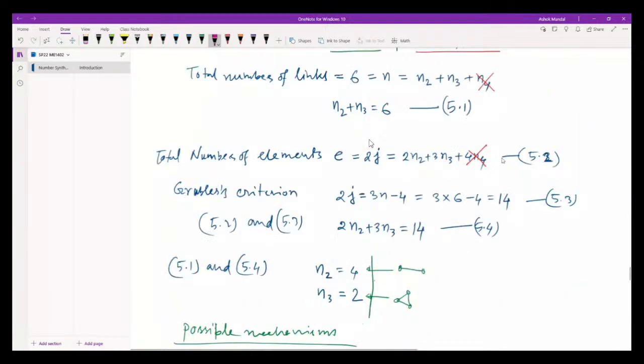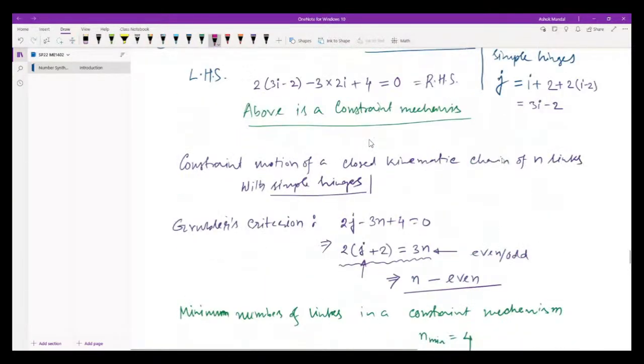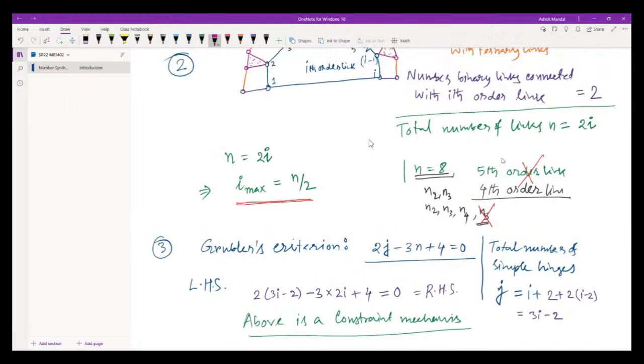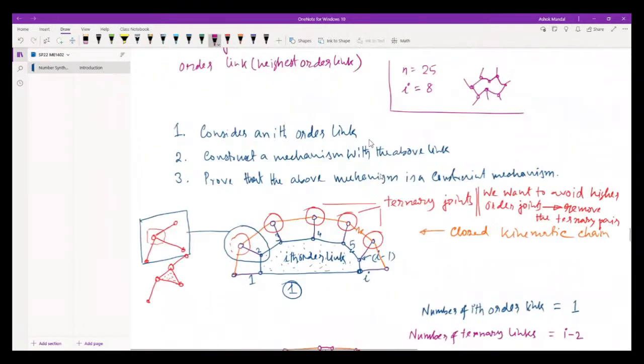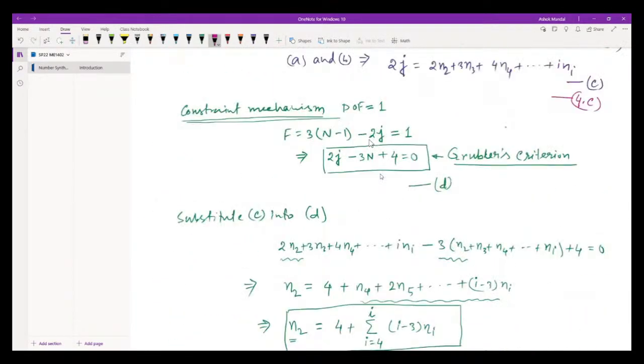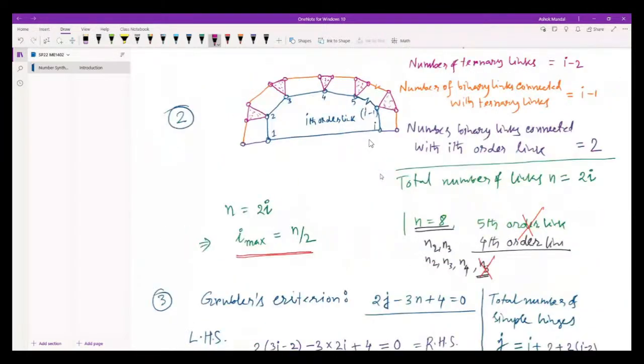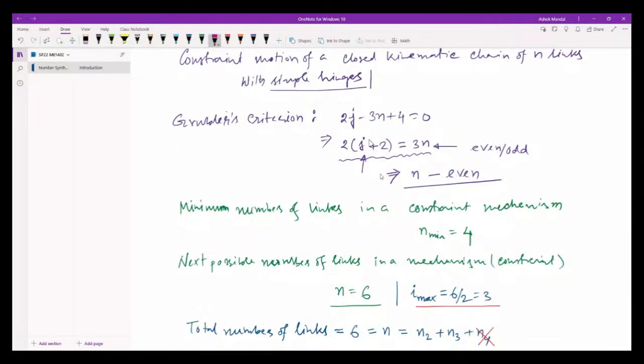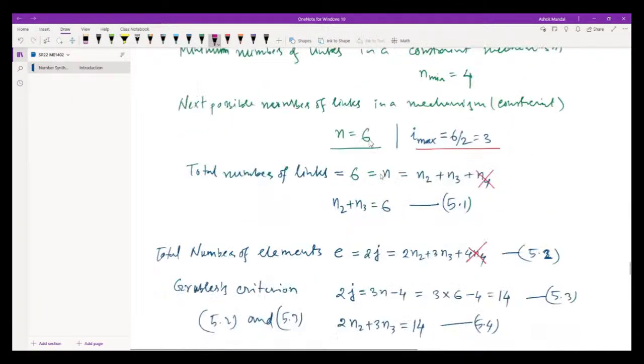Then we studied the minimum number of binary links in a mechanism, and the maximum order of link in a mechanism. We also discussed the possibility of constructing mechanisms with 4, 6 and 8 links.